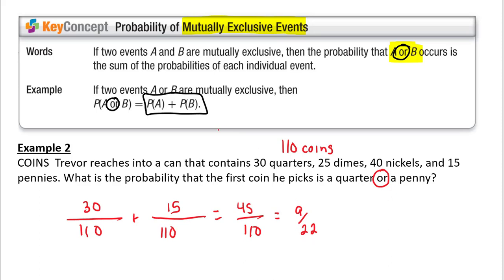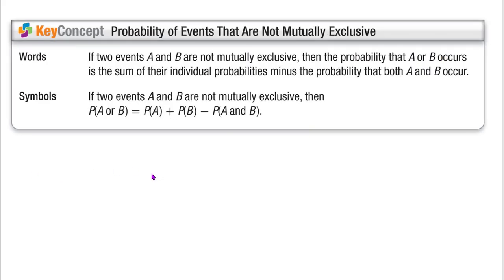Okay, so mutually exclusive events don't share anything in common. If 2 events are not mutually exclusive, they share something in common. So a king and a red card.